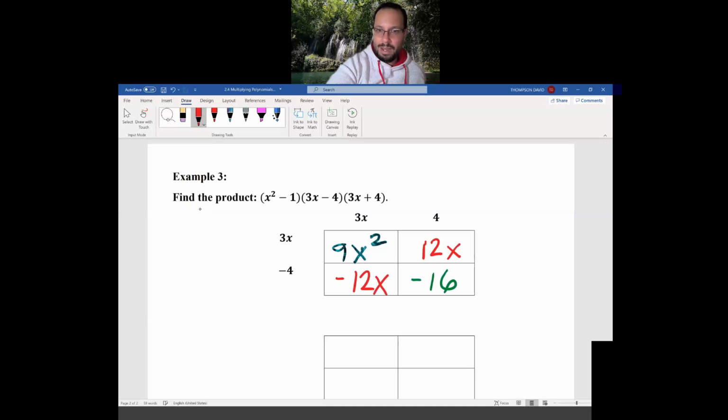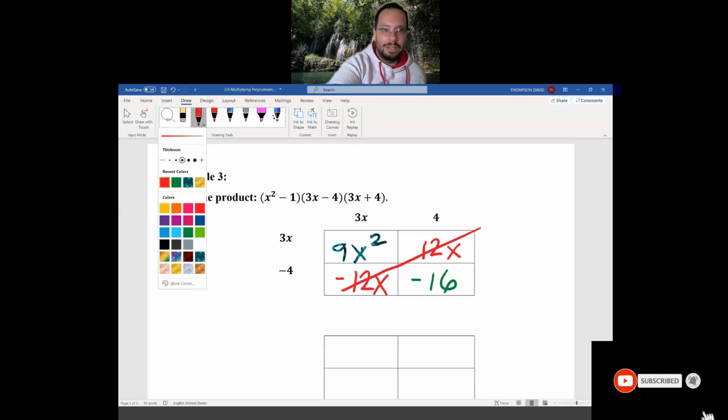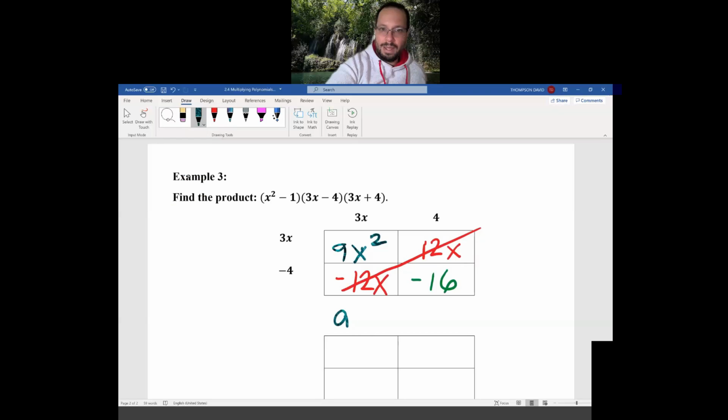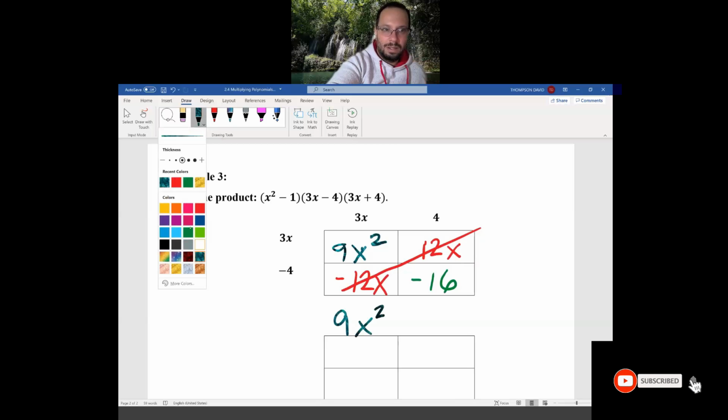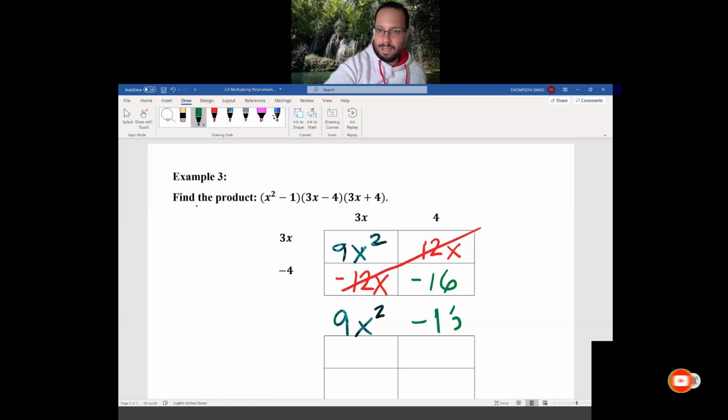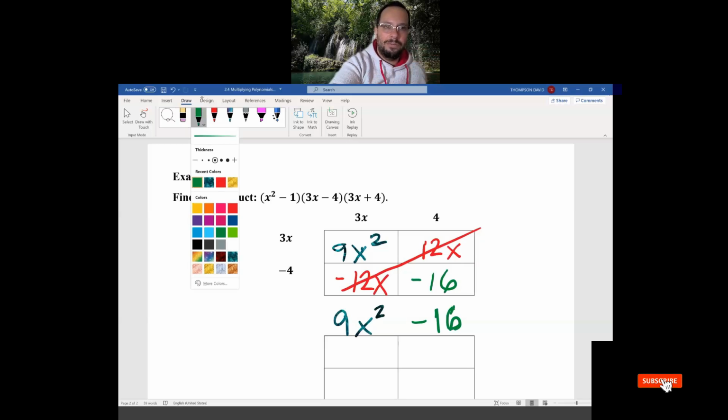So what we're left with is 9x squared minus 16. You could have also used the sum and difference rule, which just says take the first term and square it, since this is the sum and difference.